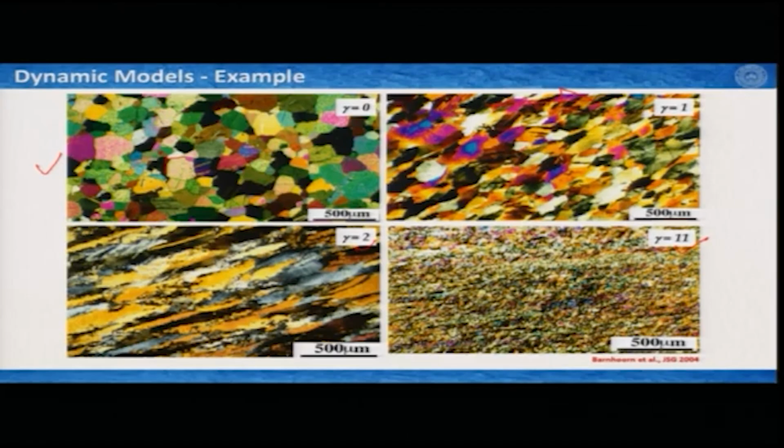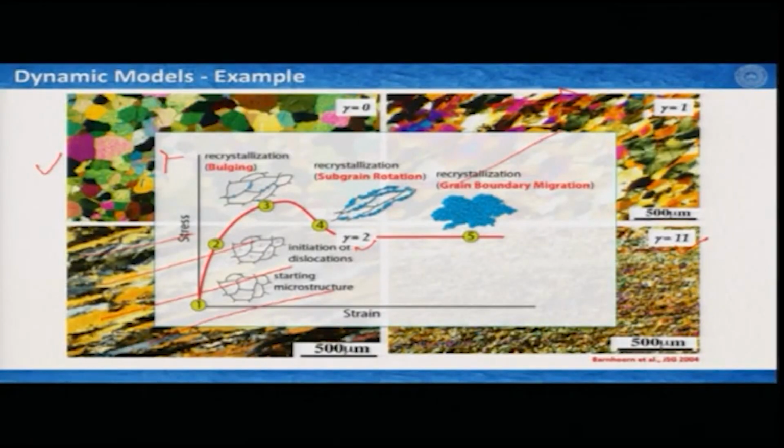And with time you can also see that we are trying to develop some sort of directional layers in the rock, and this is exactly what happens in nature, and in experiments you can produce that with real rocks. So this is a dynamic model, and based on that, with the stress strain curve, one can understand at which stage of this deformation what kind of features you see in your microstructure.